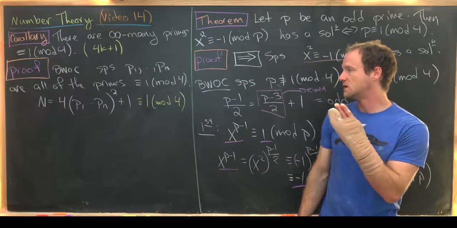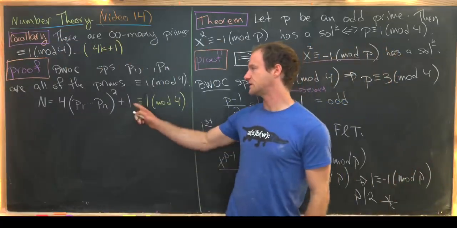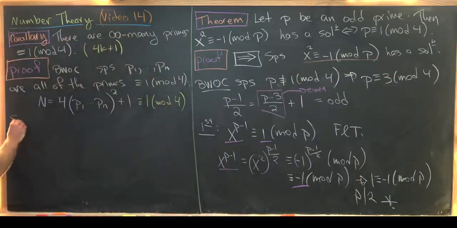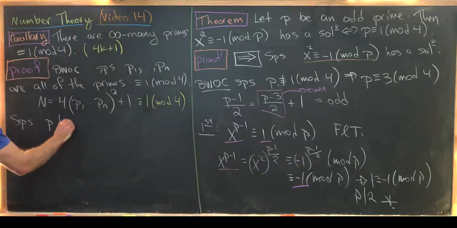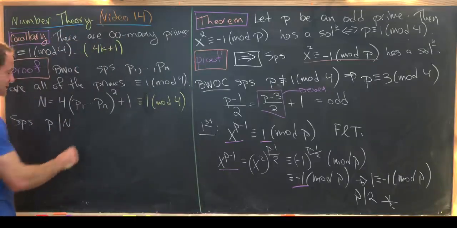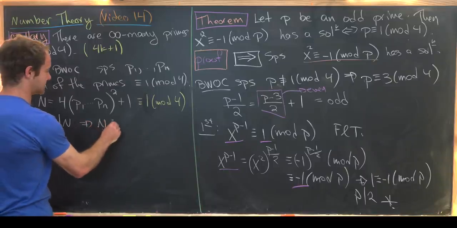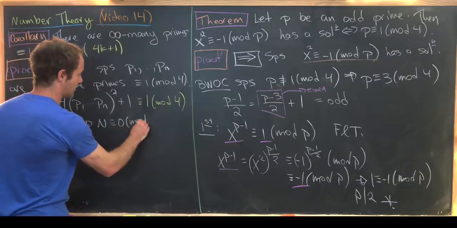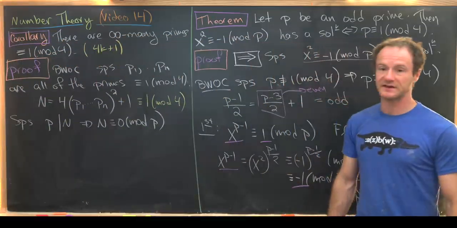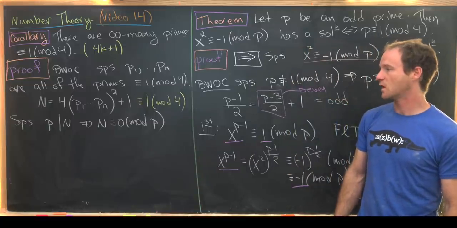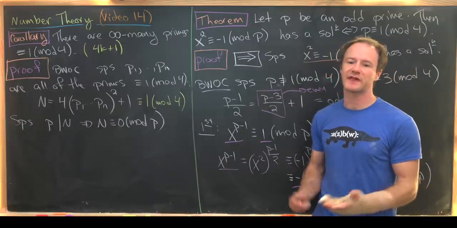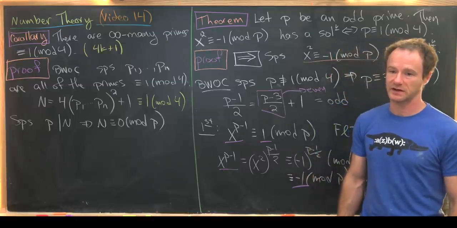Okay, so next, let's suppose that we've got a prime that divides this. So let's suppose P divides N. Well, what does that tell us? That tells us that N is congruent to 0 modulo P. Well, that's one of the definitions of congruence. And how do we know there's a prime that divides it in the first place? Well, that follows from the fundamental theorem of arithmetic.